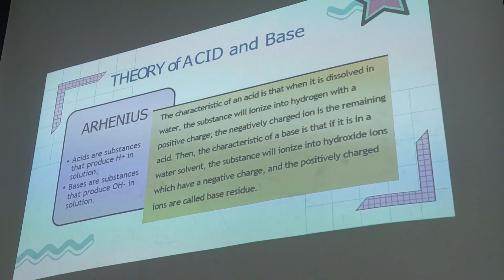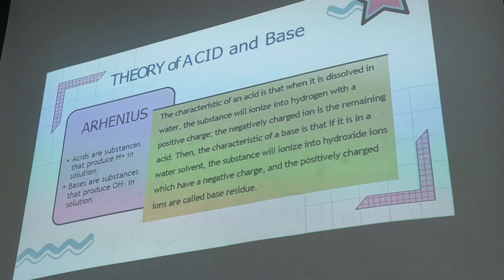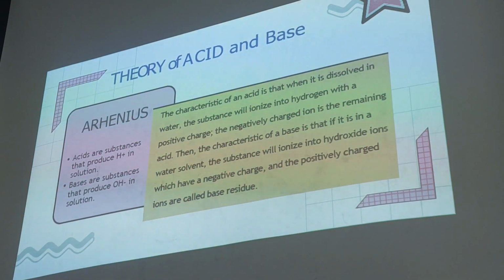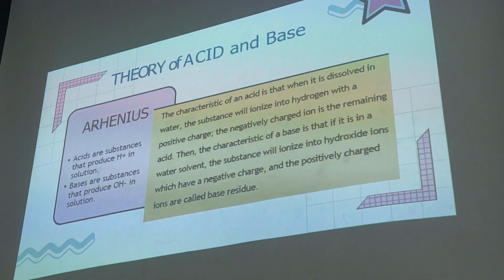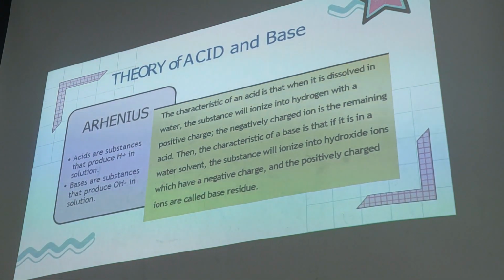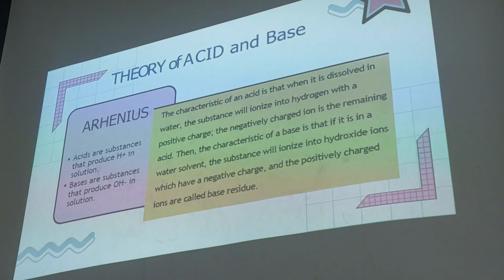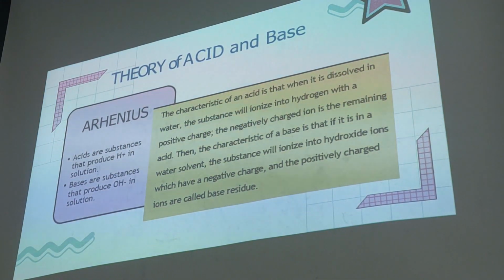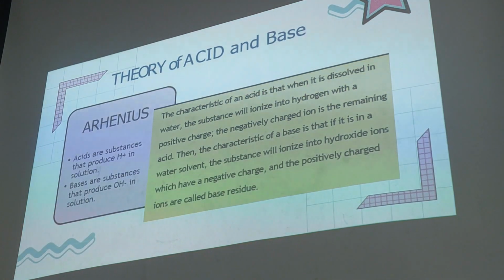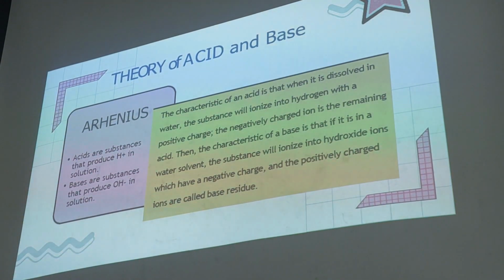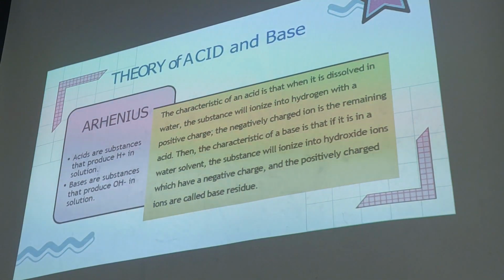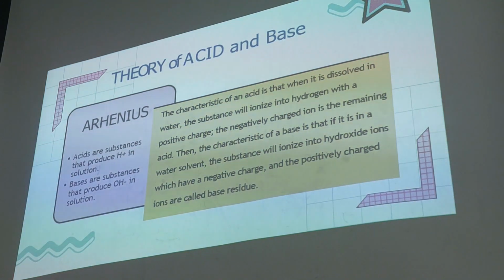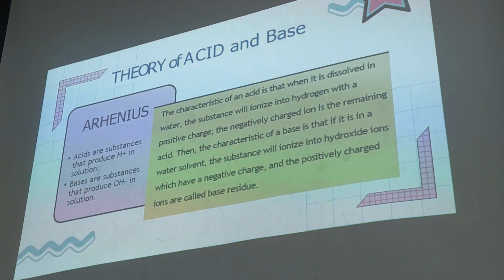Arrhenius said that acids are substances that produce H plus in solution, and bases are substances that produce OH minus in solution. So just think of acid as something rich in H plus.